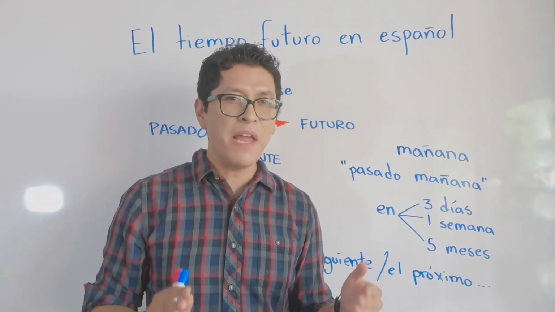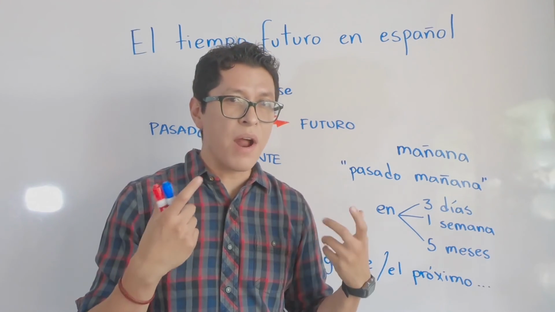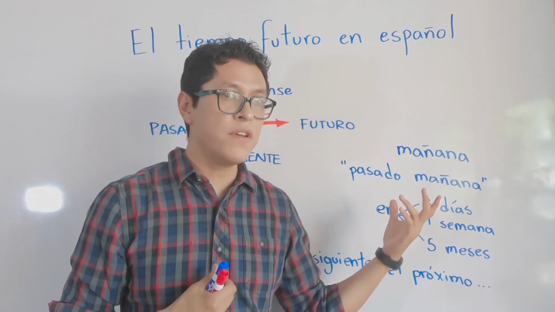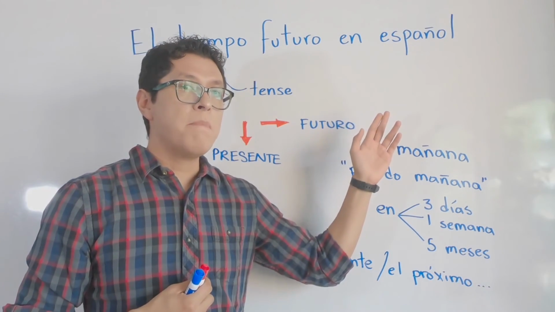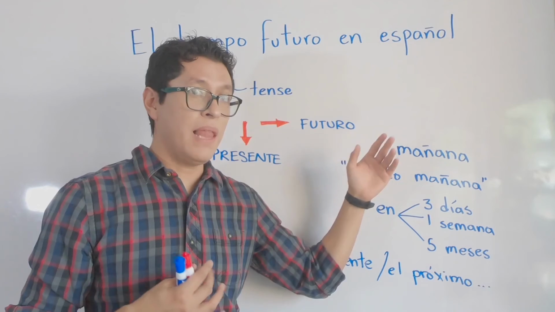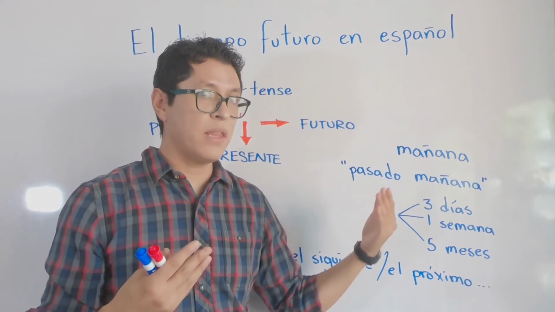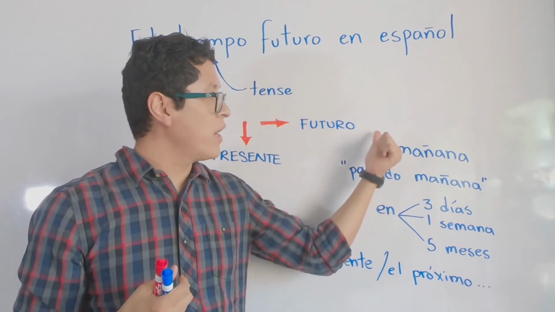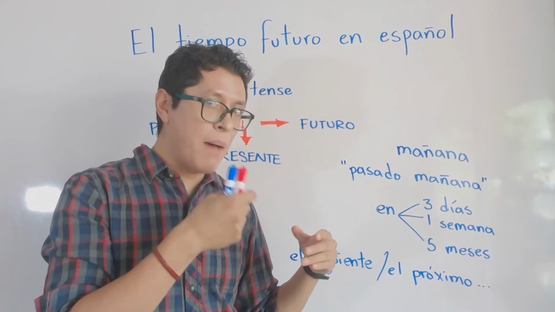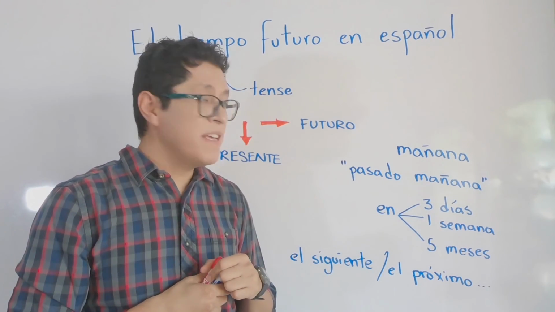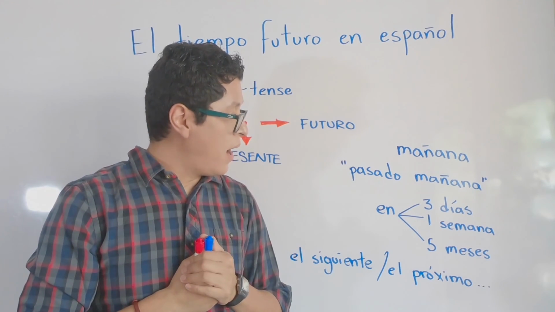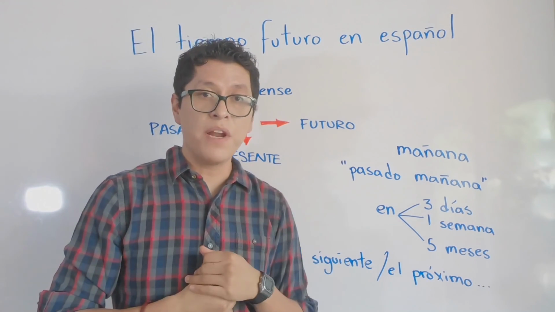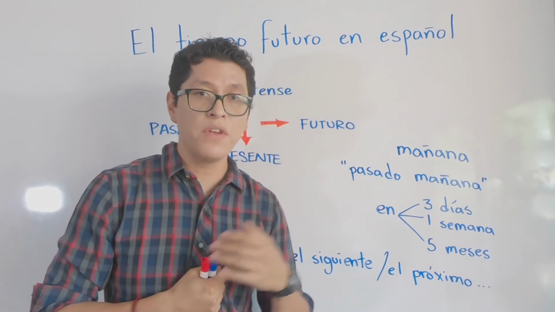So actually, Spanish is easier in grammar to talk about the future, because we basically use any of those two forms, be it the literary or the informal, more spoken form, the one I showed you, the one with ir plus a plus infinitivo, and they basically mean the same, right? There is no big difference in the meaning. So there you go. These are the expressions that you can use to talk about the future in Spanish.